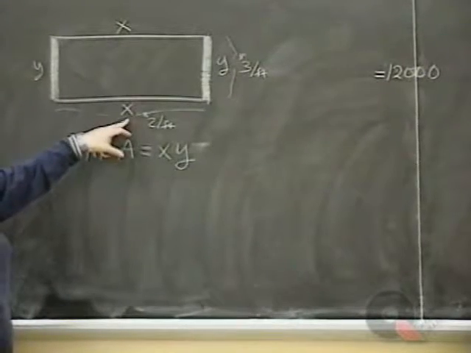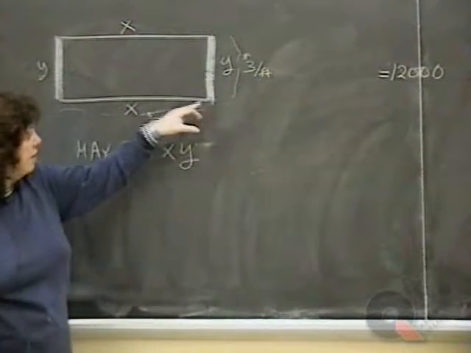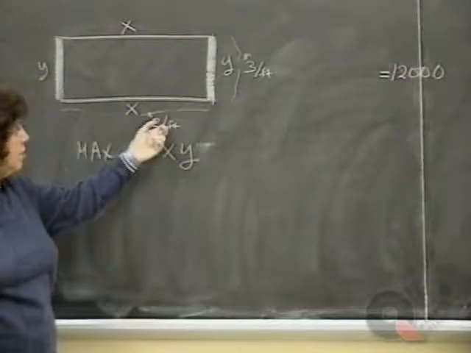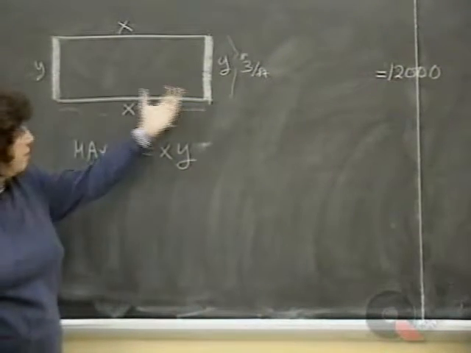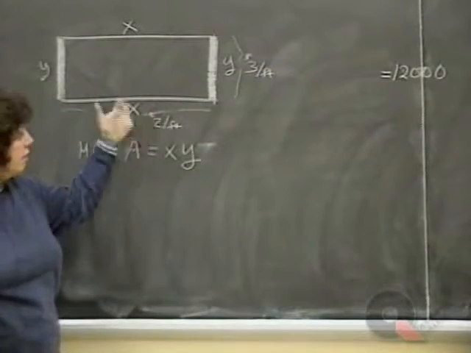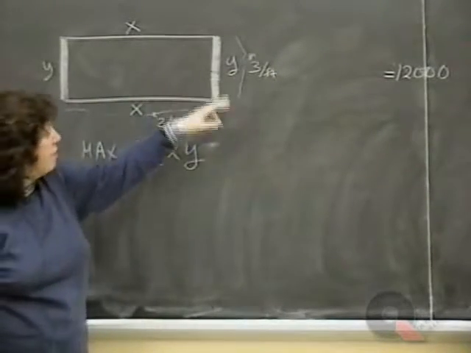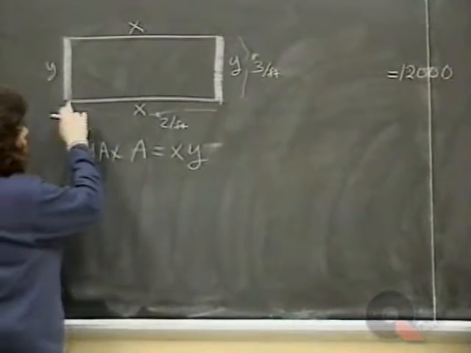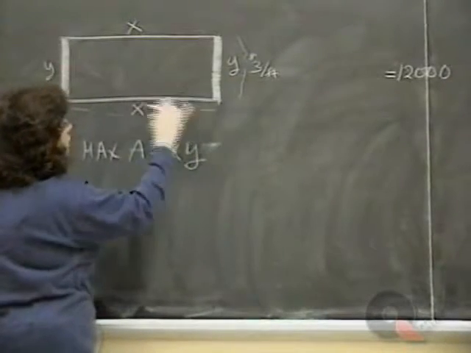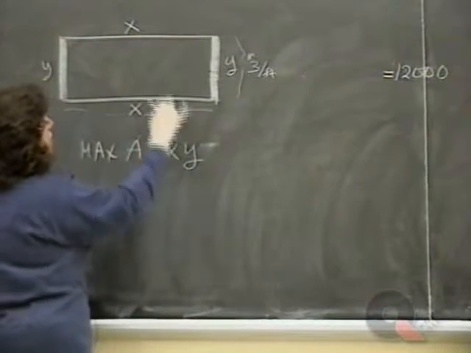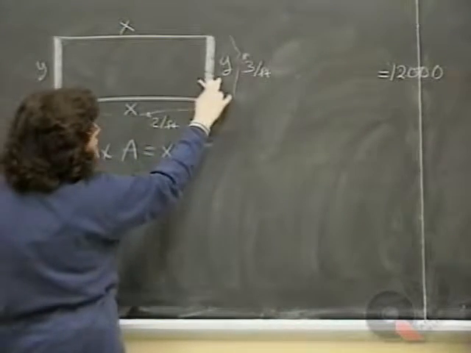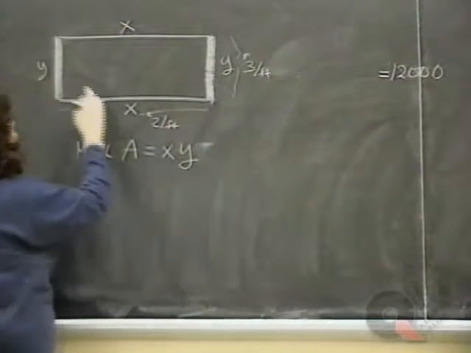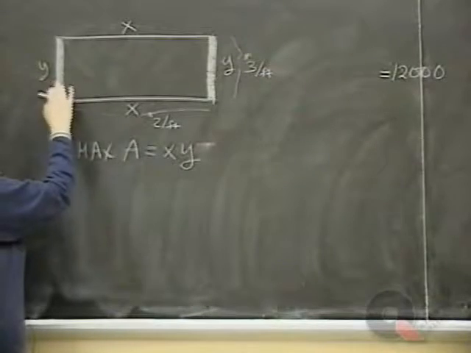So to get the cost, it's going to be the length of the fence times the cost for that particular fence per foot. The cost of this side will be X feet of fencing times $2 a foot. Here it'll be X feet of fencing times $2 a foot. Here, Y feet of fencing times $3 a foot. Here, Y feet of fencing times $3 a foot.